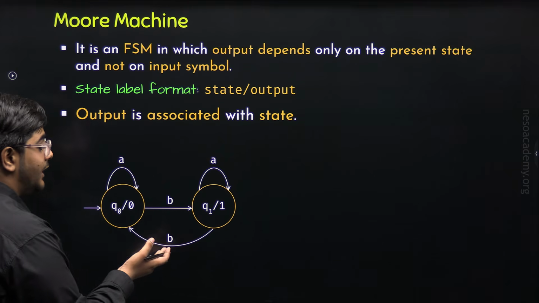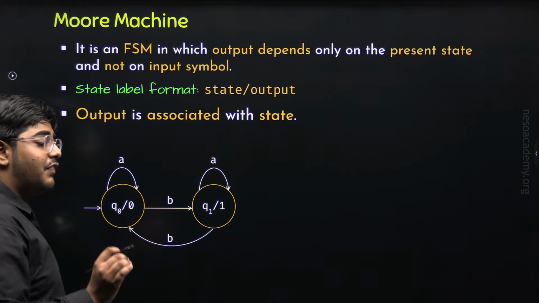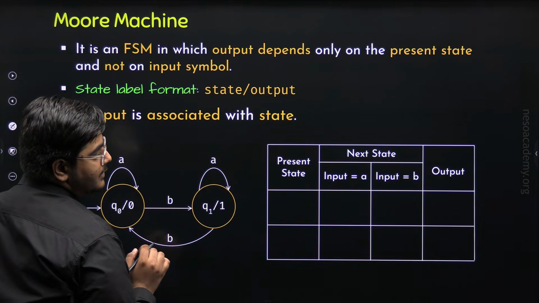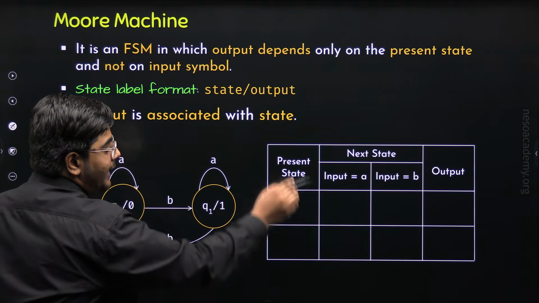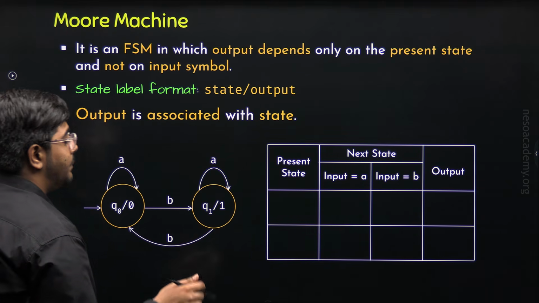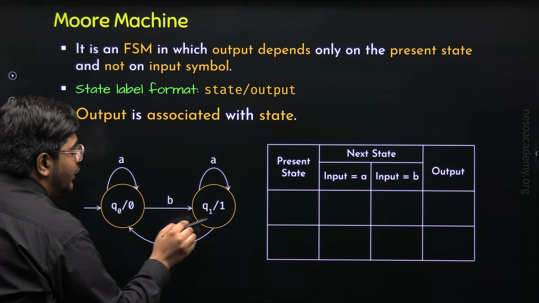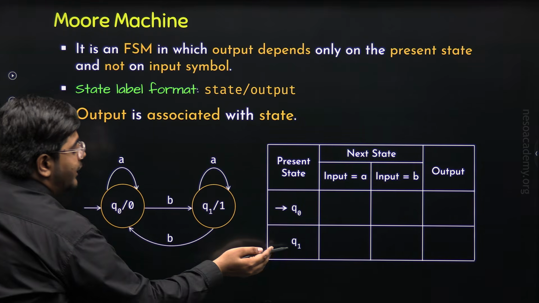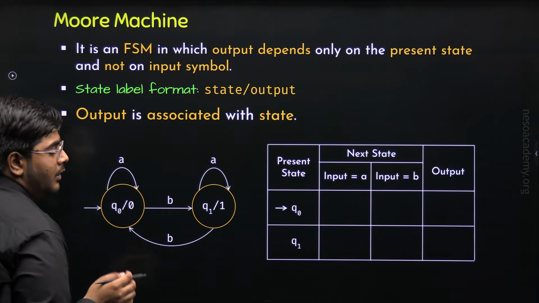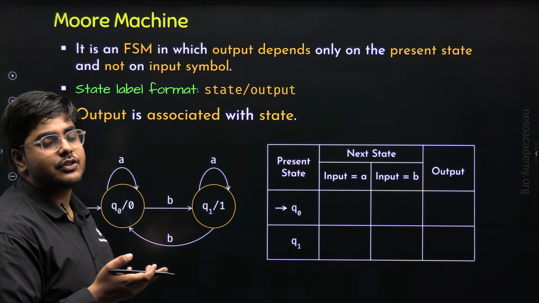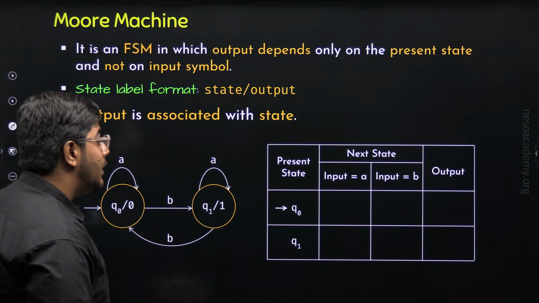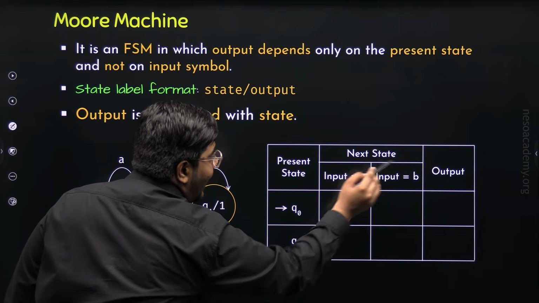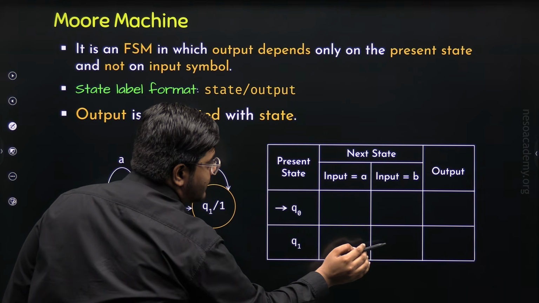This is the transition diagram of Moore machine, and if I ask you to construct the transition table, it will look like this. So we have the present state column in which we will write the present states Q0 and Q1 like this. Q0 is the initial state and Q1 is a regular state. There is no final state in case of Moore machines also. Now, for the next state on input symbol A and B, we will fill these cells.